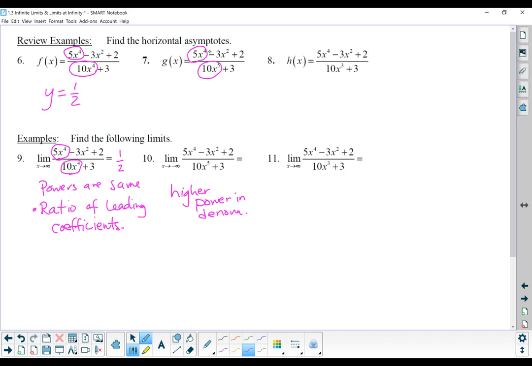So if I have a smaller number and I'm dividing it by a much bigger number, that's going to give us 0. So the limit as x approaches negative infinity for this would be the same on the left and the right. Whether it was positive infinity or negative infinity, we would get that answer of 0 for the limit.